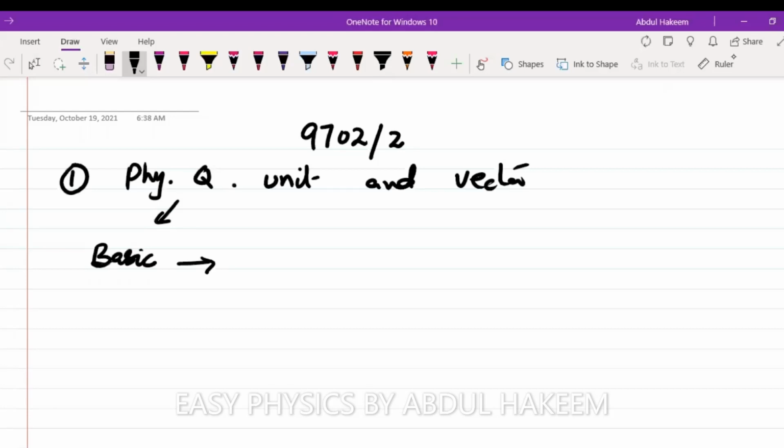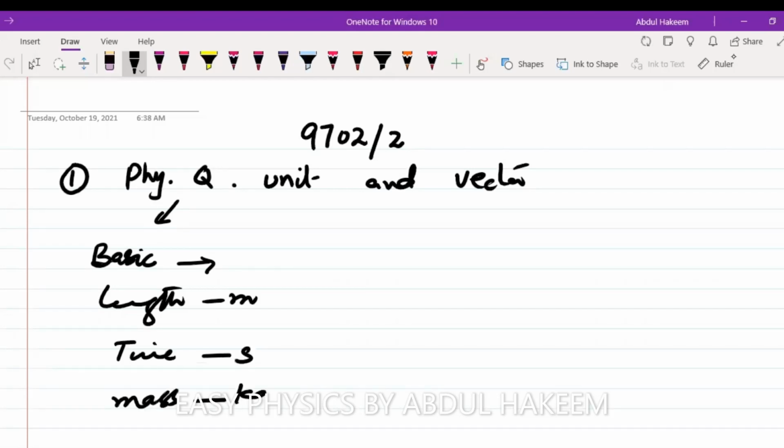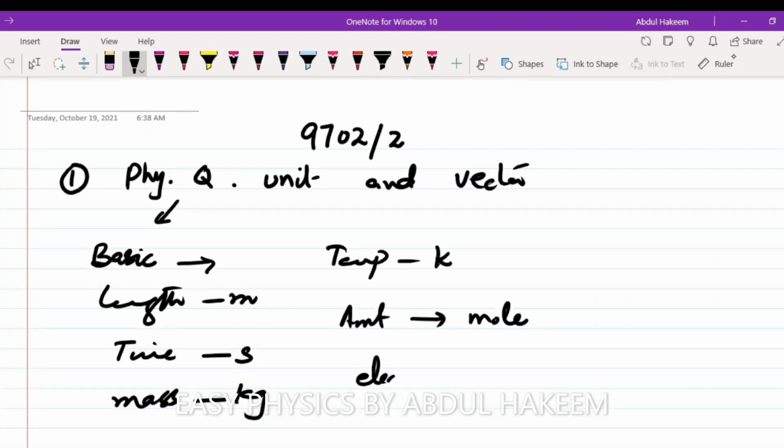They are 7 in number: length, measured in meter, time, second, mass in kilogram, temperature in Kelvin, amount of the substance in mole, electric current in ampere, and the luminance of light in candela.